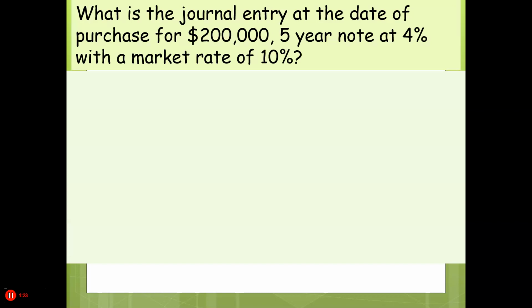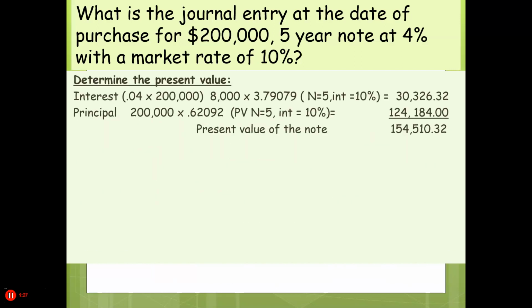So what we have to do is go to our present value tables. What we need to look at is the present value of the interest of 4% times 200,000, which is 8,000, and then we're going to go to the present value of annuity table where n equals 5.